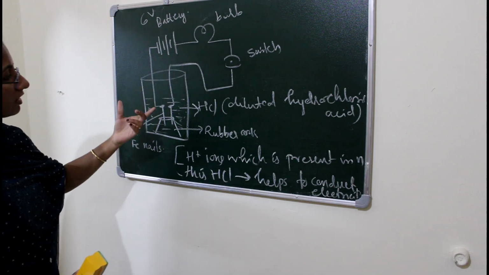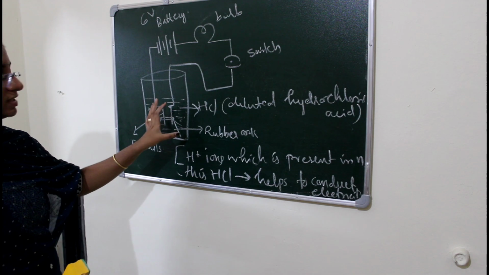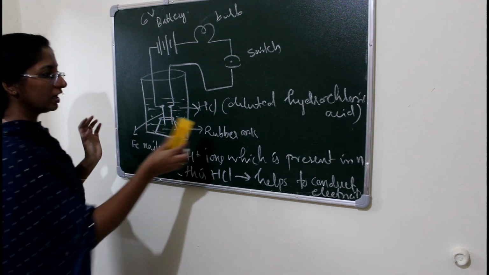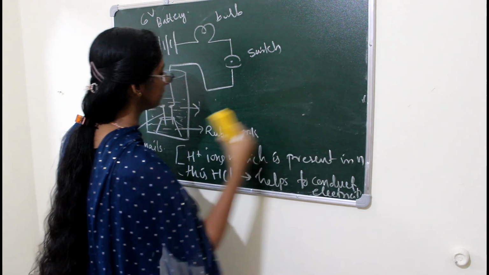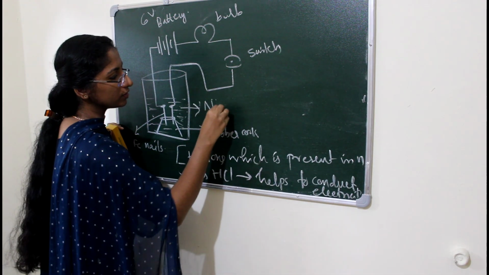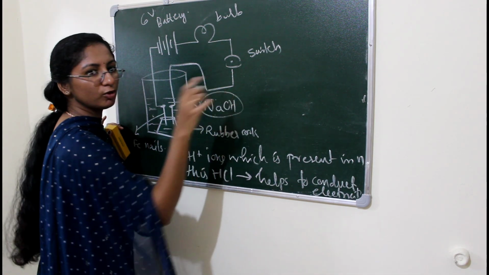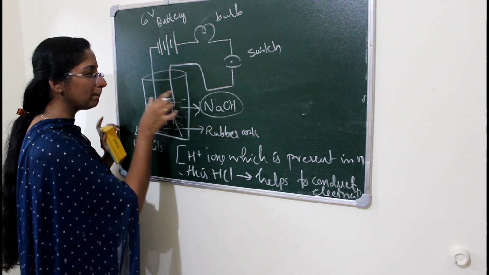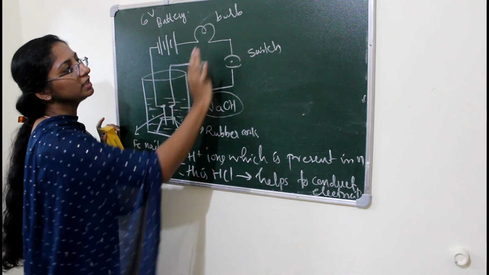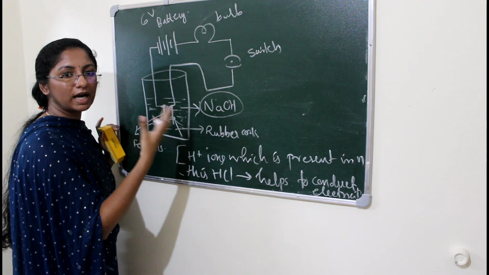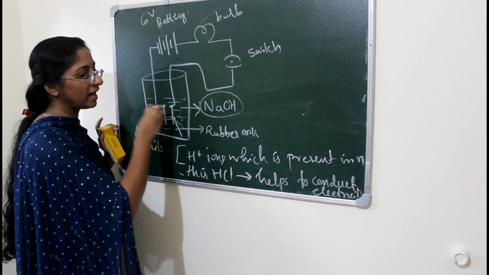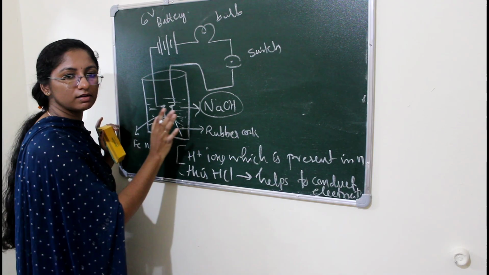Okay, so when we take base solutions, what will happen? Instead of HCl, let's consider that we are taking NaOH solution. NaOH is an example of a base, right? So when we take a basic solution, the bulb will not light up. That means there is no conductivity, no passing of electricity through this solution.